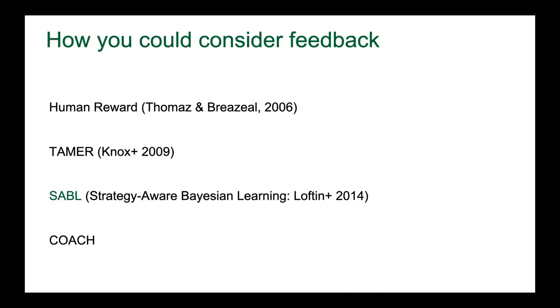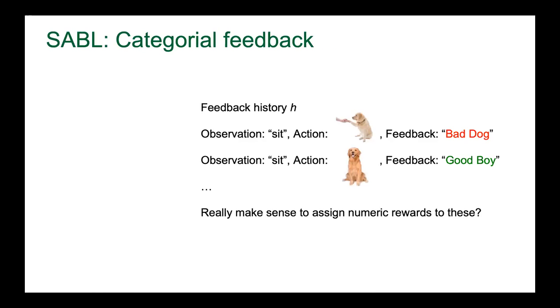Another thing you could do, in 2014, Robert and Michael Littman and Dave Roberts and Bei Peng and I looked at what if we don't treat it as a number, what if we treat it as categorical feedback? We were very dog inspired.